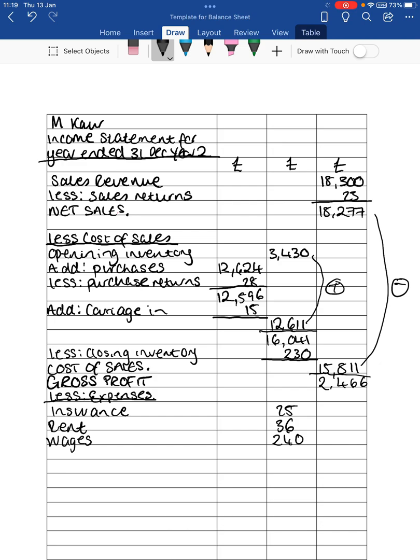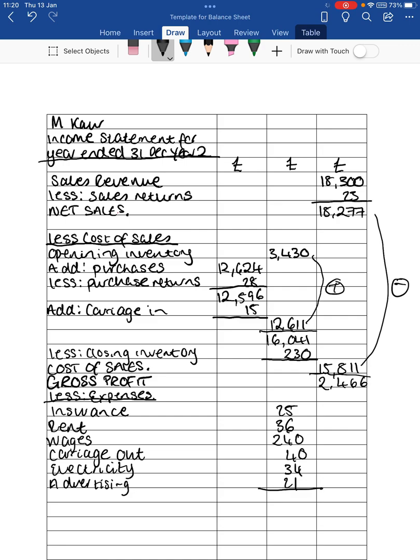We have our carriage out that was worth £40. We've got our electricity that was worth £34, and we have our advertising that was worth £21.